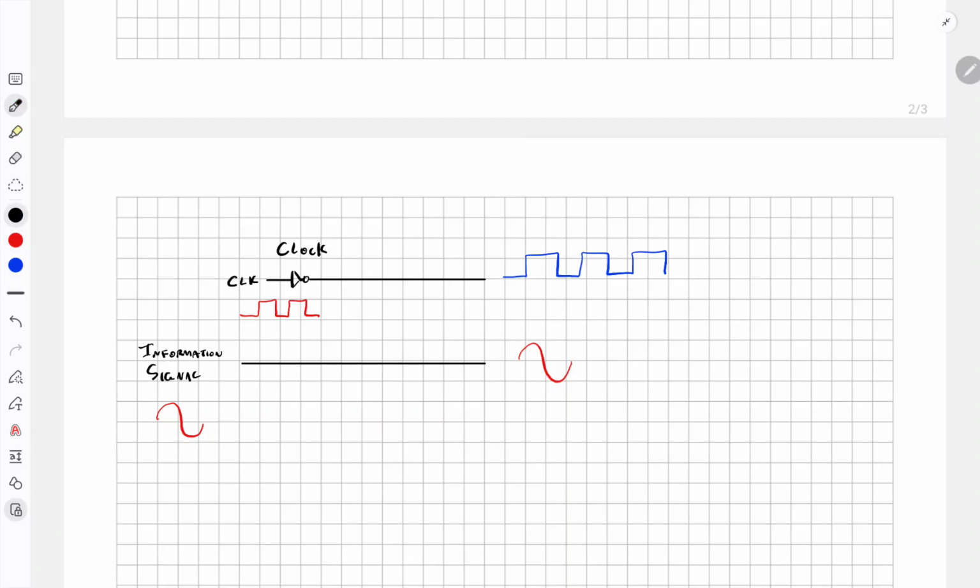But if you ran this information signal wire very close to the clock signal wire, because they're in close proximity to each other, there will be these parasitic capacitances. The name for this is line to line capacitance.